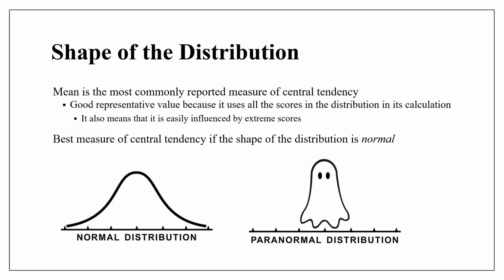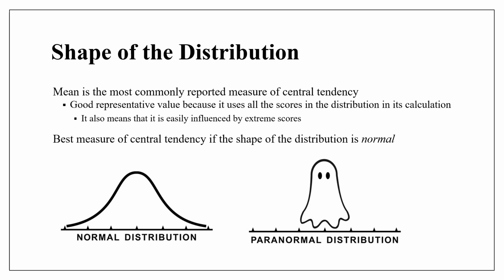So at this point, it is worth reminding ourselves of the different shapes of distributions that we can have, and again, seeing how these measures of central tendency work with the various distributions. In general, the mean is going to be the most commonly reported measure of central tendency because it tends to be a good representation of all the scores of the distribution, because all the scores in the data set are used when we're calculating the mean.